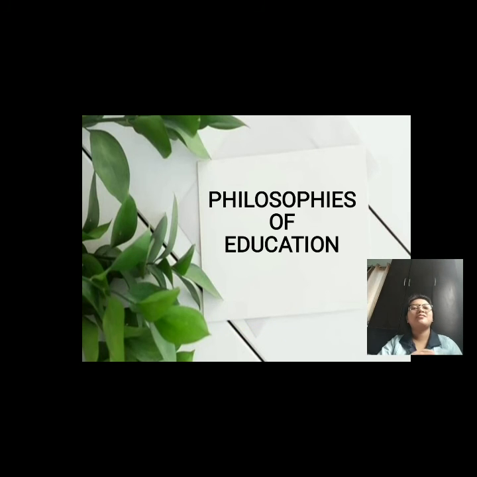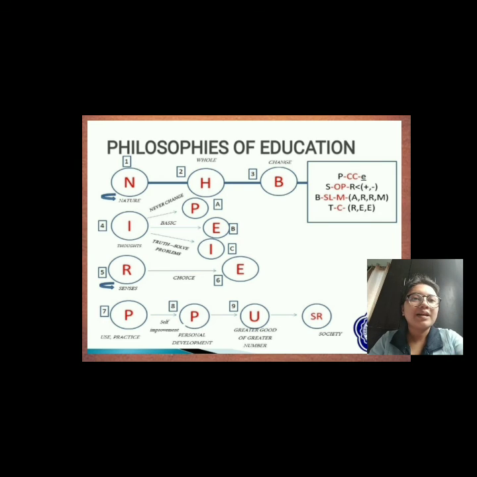We have also this one, the Philosophies of Education. And also this is from our teacher in FTC, Sir Gerald. Also this chart. Thank you, sir. Philosophies of Education. We have first the N, which stands for nature. And then, to be whole, you need to have humanism, or to change your behavior to the right one. You also have behaviorism. It could be measured. The objective here is to improve and measure your behavior.